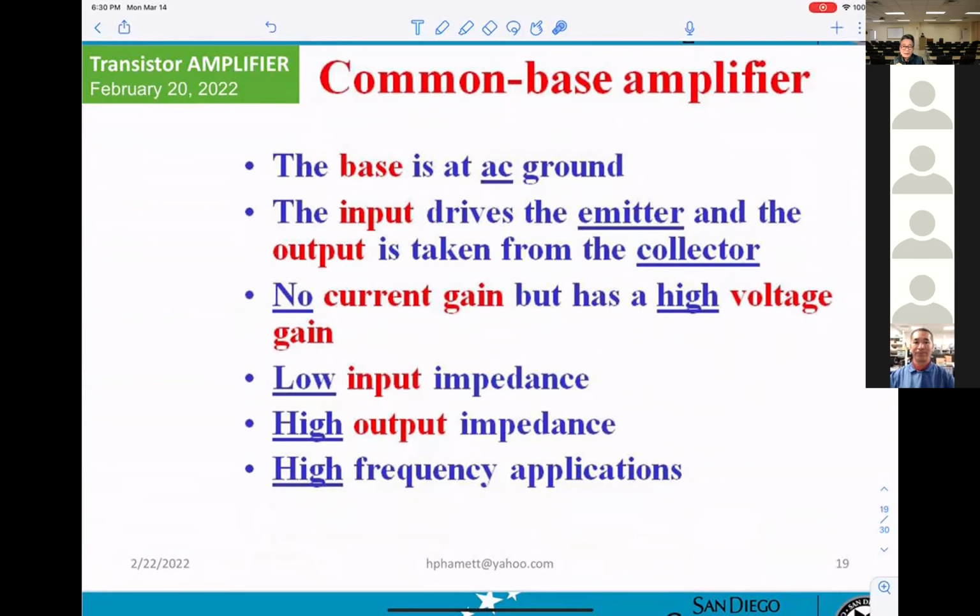No current gain, but it has a high voltage gain. They get a low input impedance, high output impedance, and will be a high frequency application. If they're using high frequency, then they can use common base.